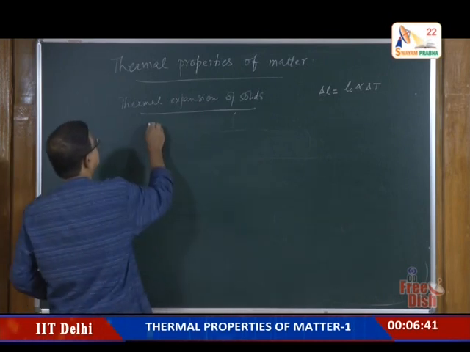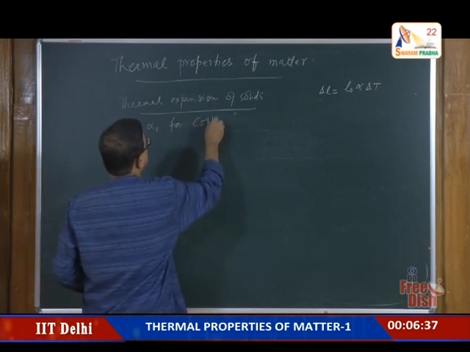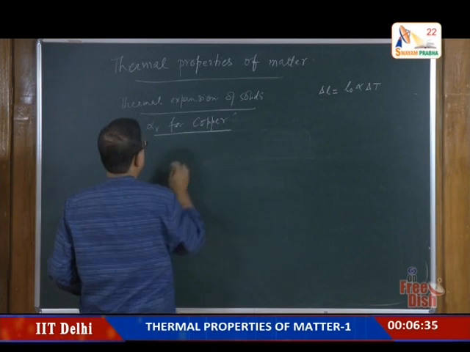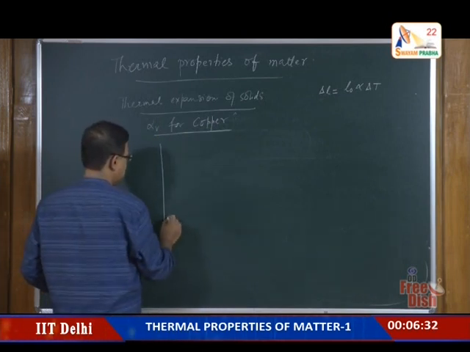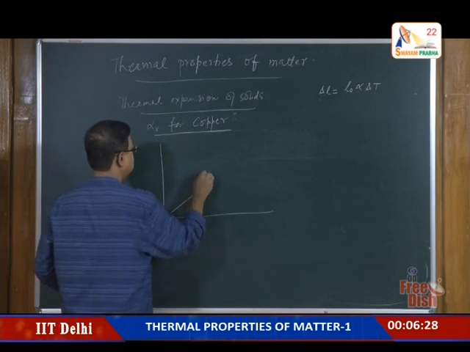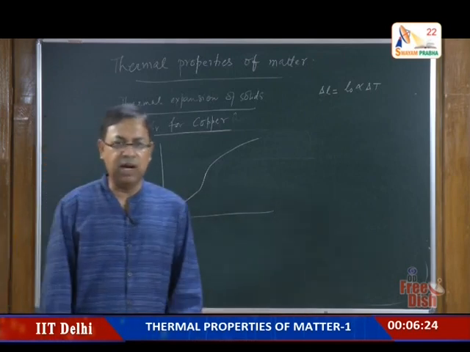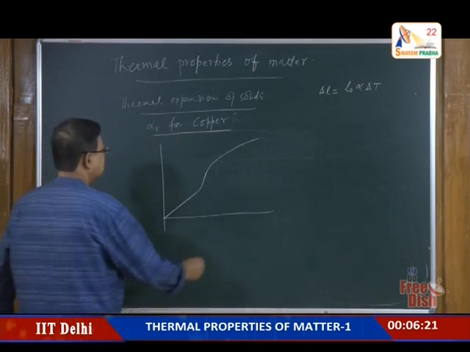So alpha v for copper looks like this and something similar to that.